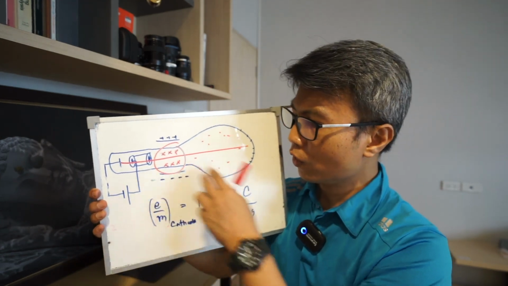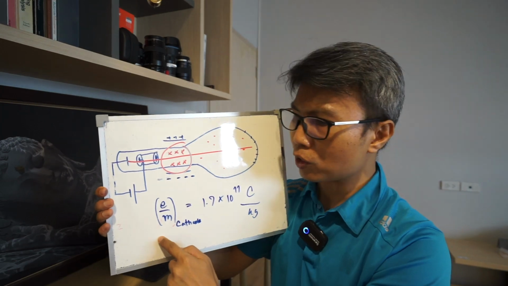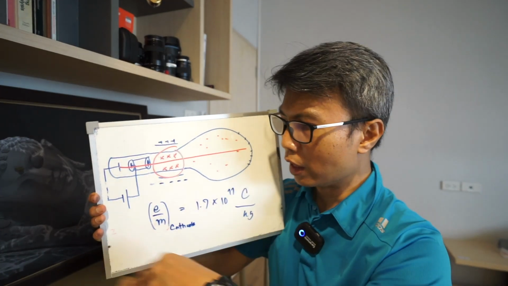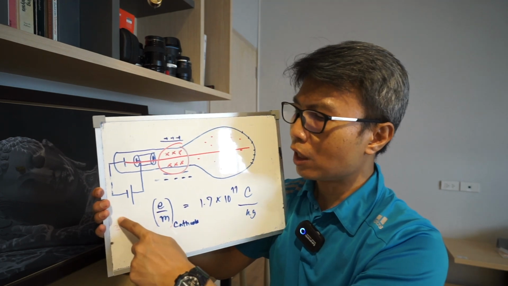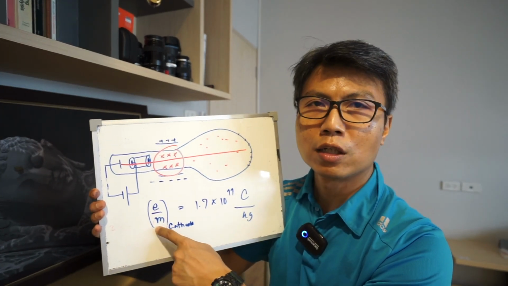And therefore, from this problem that you only know the ratio but you don't know the single value of the charge or the single value of the mass, most of the scientists tried to invest time on experiments on how to calculate the charge of the electron or the mass of the electron.